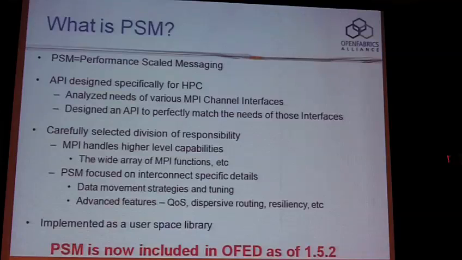This allowed a very good division of responsibility, looking very carefully at how the MPIs were architected, and let us retain in MPI, of course, all the complex functions and the wide API and the other support that MPI needs, and allowed us to focus very much on the interconnect specific details so that we could focus on what's the best way to really move data in an InfiniBand network, and then what advanced features are really applicable and necessary, such as dispersive routing, quality of service, adding the resiliency factors that are needed to deal with large clusters.